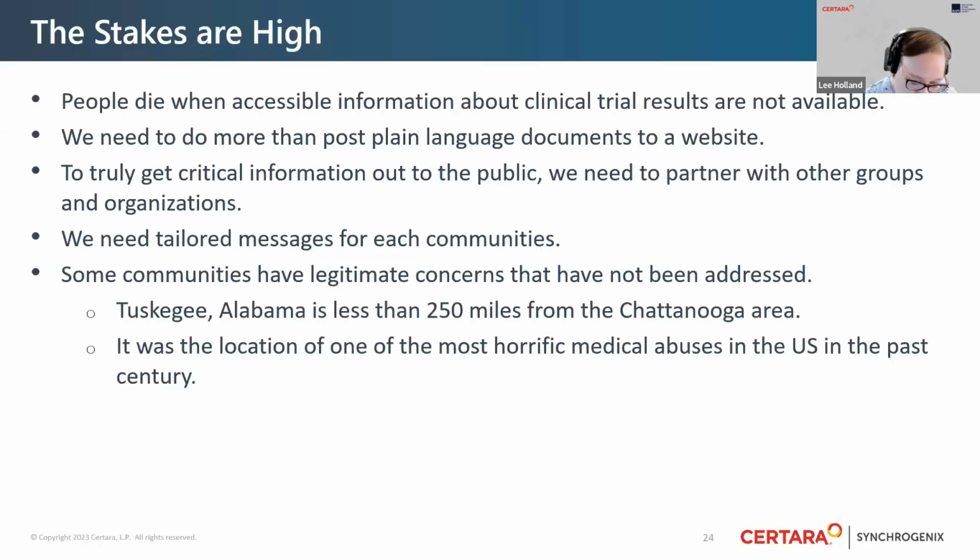What happened was researchers, and I really don't even want to give them that title, went to rural communities in Alabama and went into the Black community and told Black men that they would be treating them for what was at the time called bad blood. Bad blood was a commonly used term for syphilis during that era. They did not let the men know that they had syphilis.